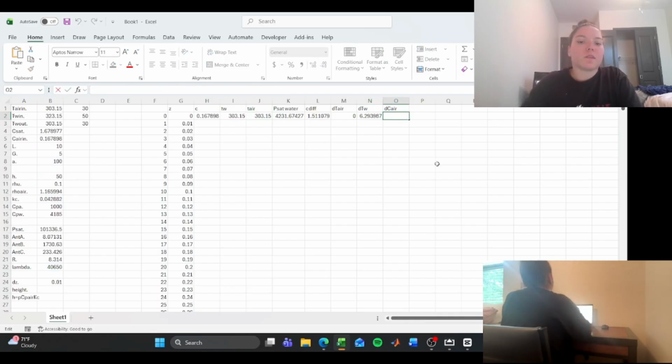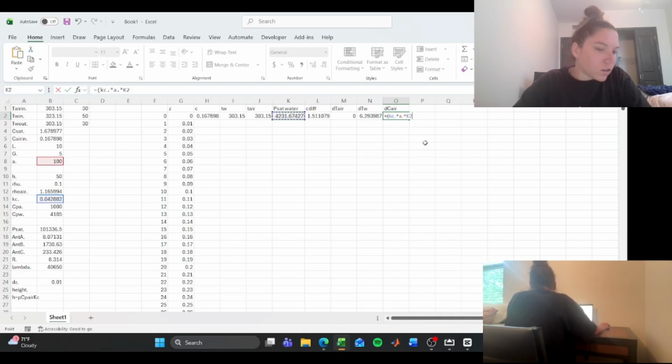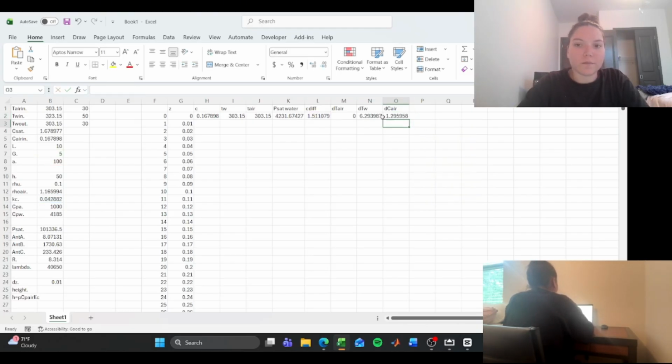So now for the change in concentration, that equation was the mass transfer coefficient times the packing times the concentration difference, all divided by the volumetric flow rate. Okay, and now we're going to be using Euler's equation.